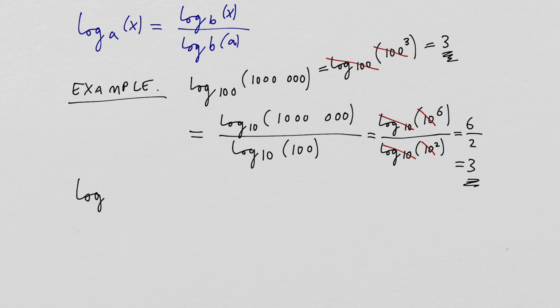So, for example, logarithm of base 10, we can express it by using the natural logarithm. So if you, for example, happen to like the natural logarithm very much, you can express all the logarithms in base 10 by using the natural logarithm.